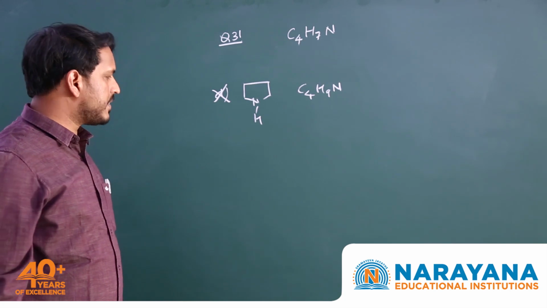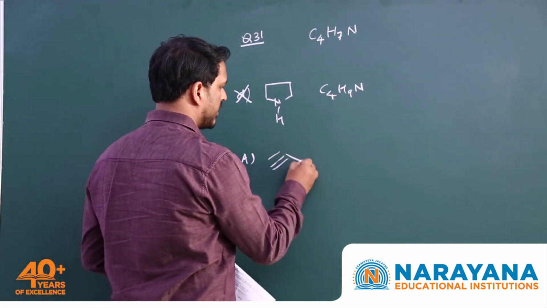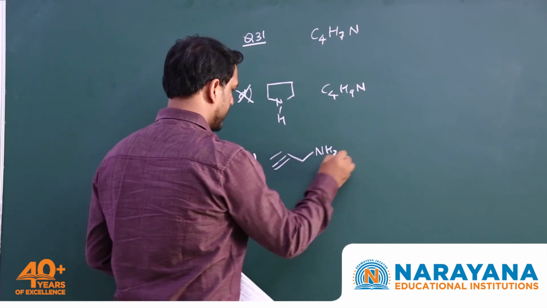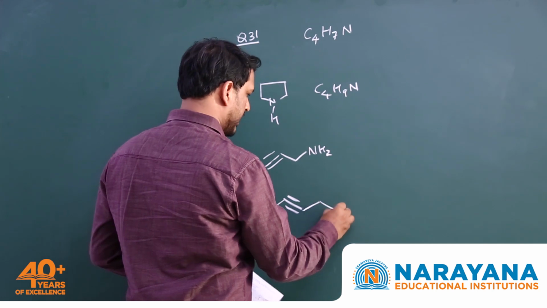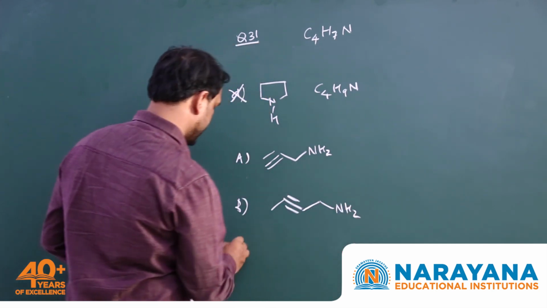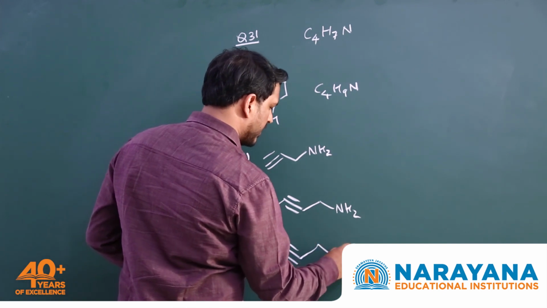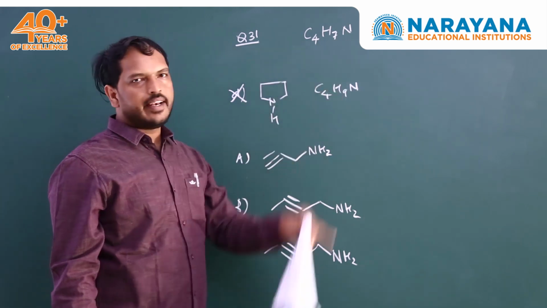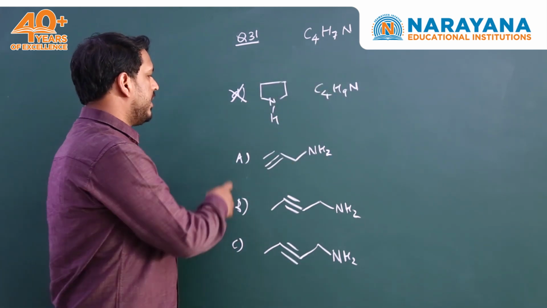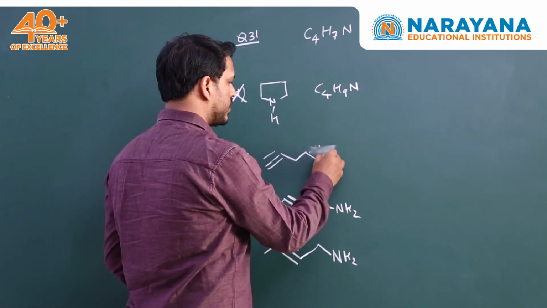The other options are: in option A the structure is NH2, in option B the structure is NH2, in option C the structure is NH2. So these three have the formula C4H7N. Here we need to identify which of these is the most basic.